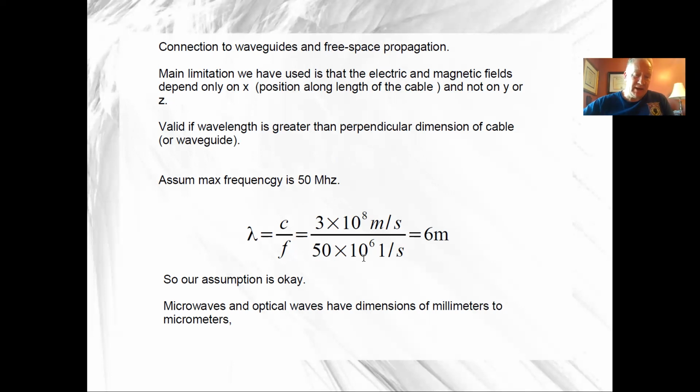And for optical waves, we use either, once again, just air, so we could send it through the air, or we use fiber optics. So our wires for optical waves are fiber optic cables. And for microwaves, they're just hollow tubes.